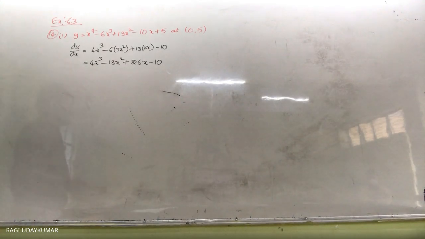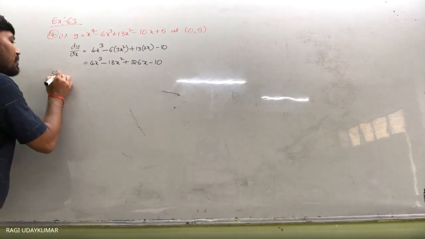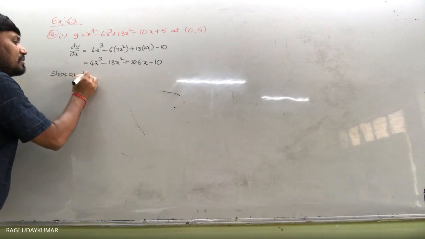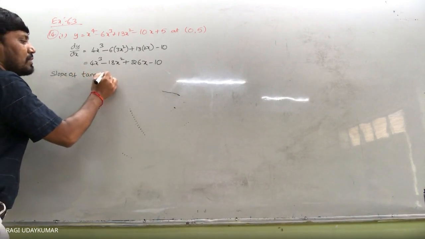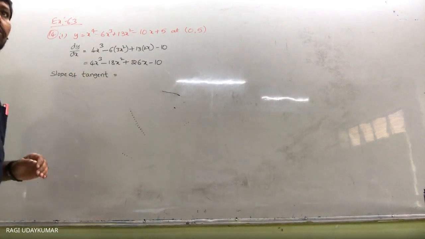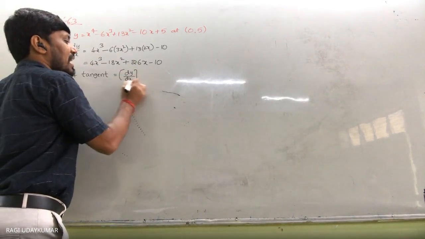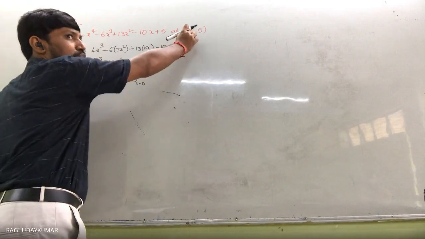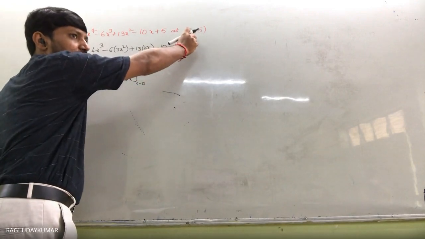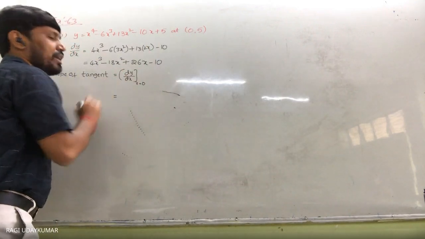So the slope of the tangent is equal to dy by dx at x equal to 0, because the point is (0, 5). At that particular point you need to find it.